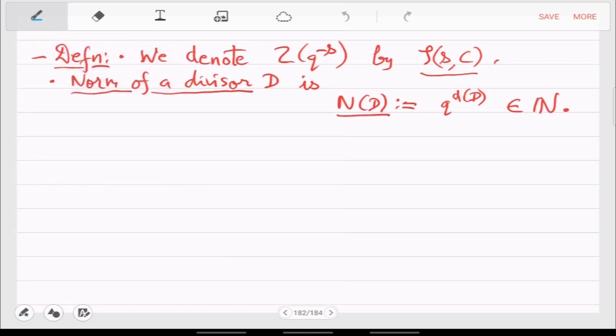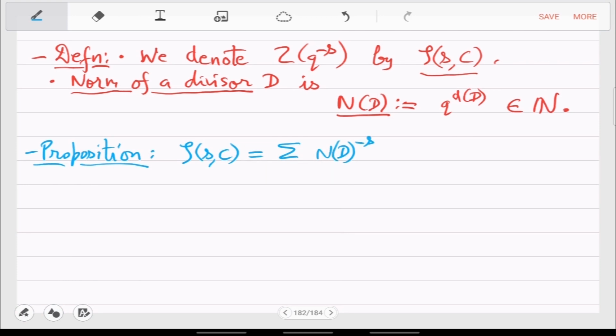Okay, so this norm I have defined only to give you the comparison with Riemann's zeta function. So this zeta function is equal to the sum of the norm of D to the minus s, and equal, by Euler's formula that holds here, to a product over the points on the curve. And they are all convergent.